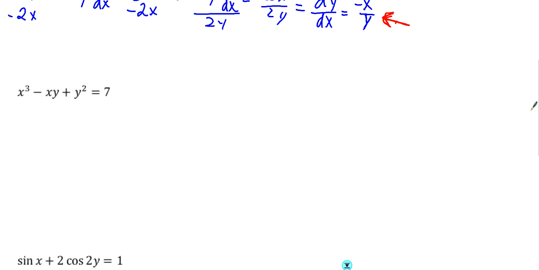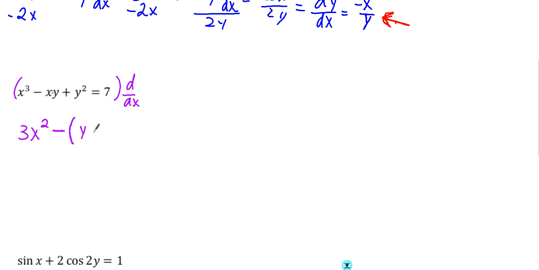All right, so again, we're going to do this one implicitly. We take the derivative of both sides with respect to x. The derivative of x cubed is 3x squared, minus the derivative of x times y, which I put in parentheses because of this minus.